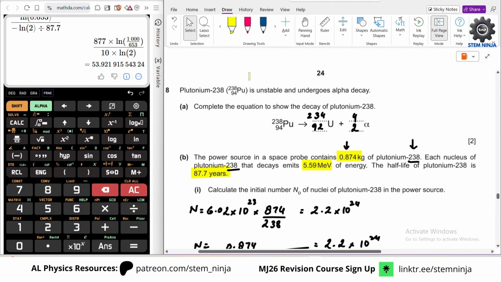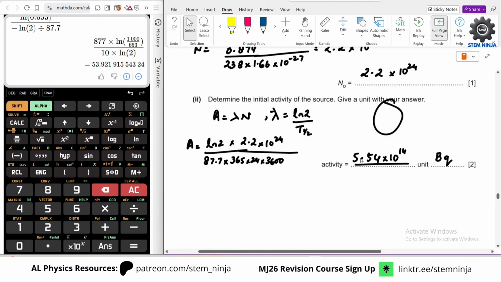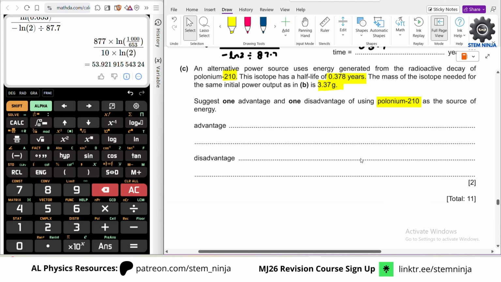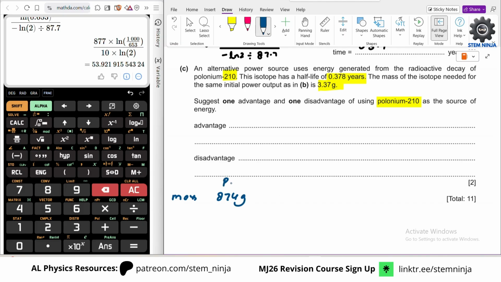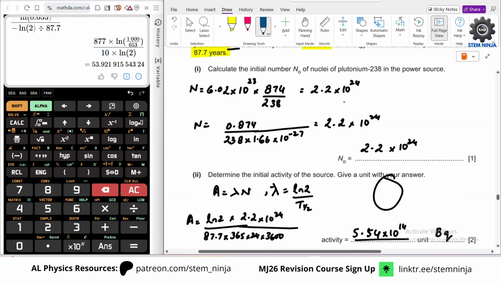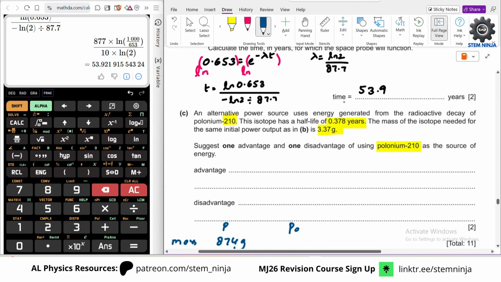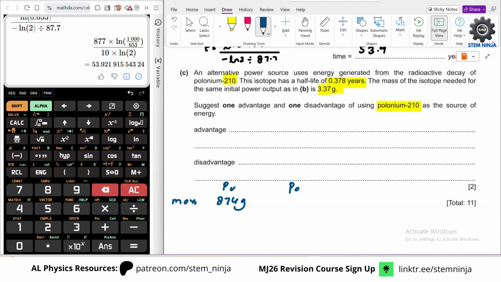No, wait. So we need 874 grams of this, and we only need less mass of this. Okay, so we can draw comparisons based on mass. So 874 grams of plutonium, and this is just 3.37 of polonium.